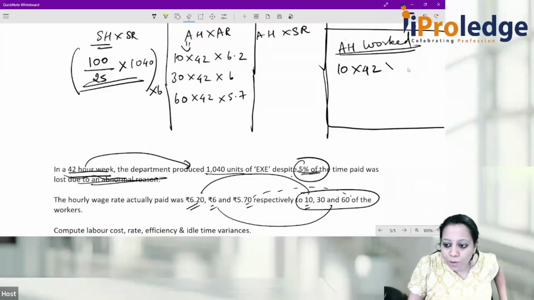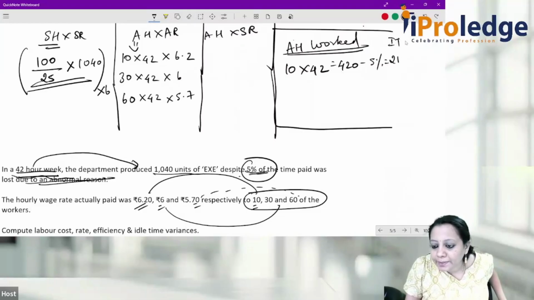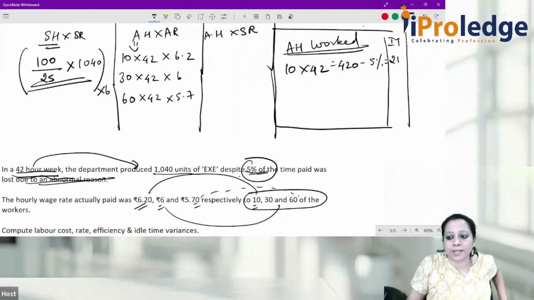How much? 420, minus 5%. That is 399. What is 5% then? 21. So 21 is the idle time. This column I will use for idle time variance.